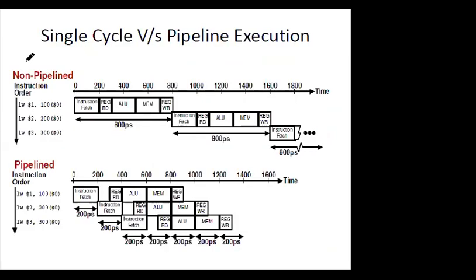So this is a single cycle versus pipeline execution representation. This is a timing diagram. And as we can see, we have a non-pipelined instruction unit, instruction order, and the time taken in all the 5 stages: fetch, register reading, execution, memory access, register writing.